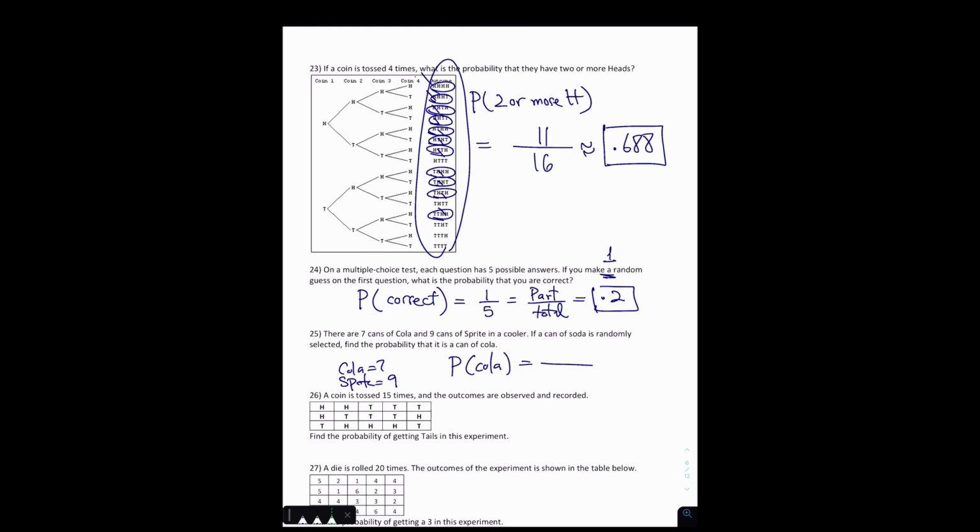Conceptually, it's the number of colas divided by the total number of cans. Now, how many colas do we have? 7. Total, how many cans do we have? 16. So the answer is 7/16. And you use 3 decimal places, and the answer will be 0.438.